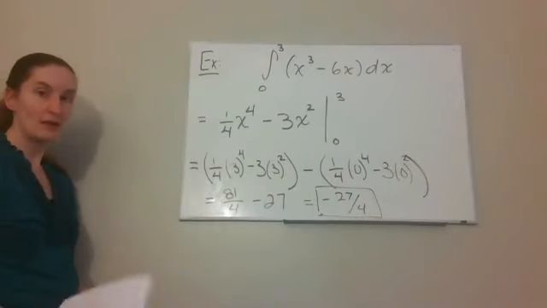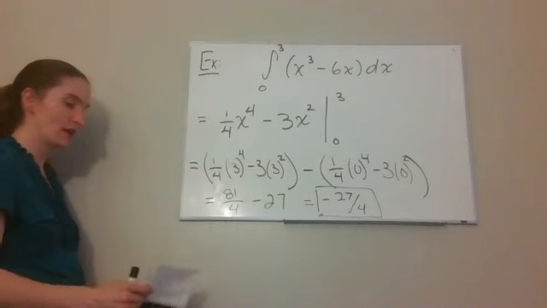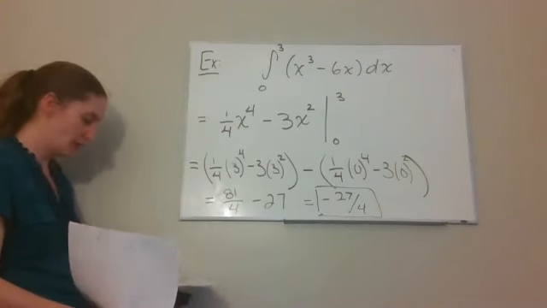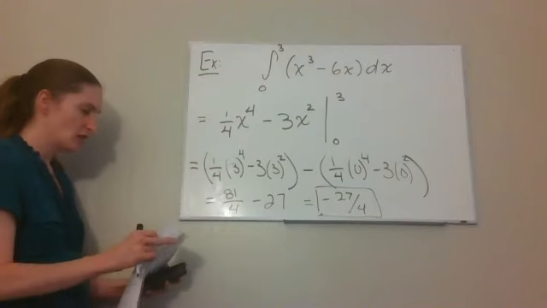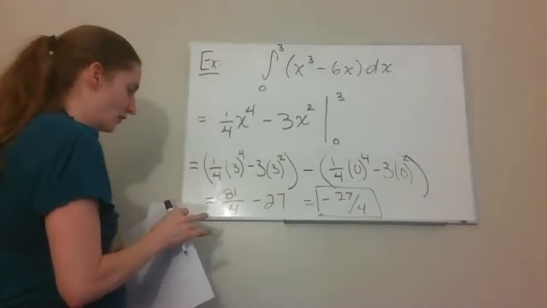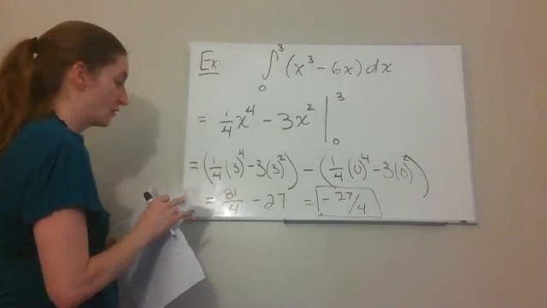All right, so that's how we evaluate definite integrals using our antiderivatives. I don't think it's too incredibly terrible, and we're actually going to do another couple examples of that before we move on to our next bit of information for this video.